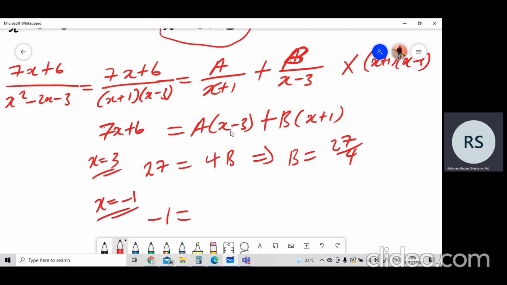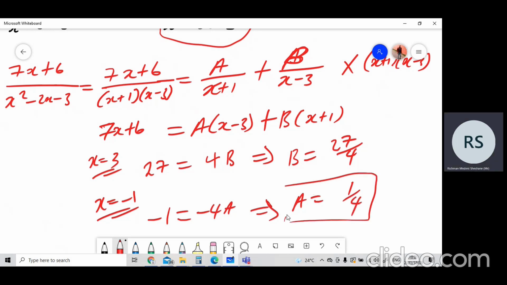When we put minus 1 here, it will be minus 4A. When we put minus 1 here, this will be 0. So automatically we find the value of A: the value of A is 1 over 4. Now we have the value of A and the value of B.